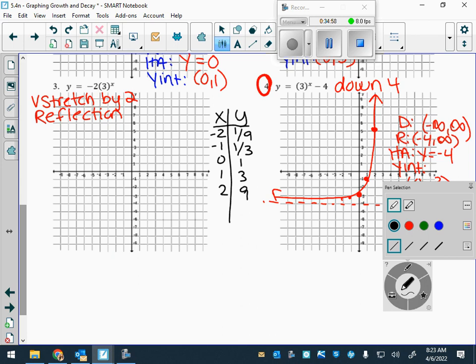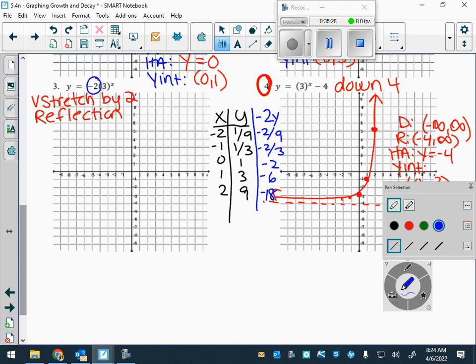Good. Nice job. So we're going to take our original y values and multiply it by the reflection in the stretch, the number in front. Okay? So you're multiplying your y's by -2. All right, so we have -2/9, -2/3, -2, -6, and -18.